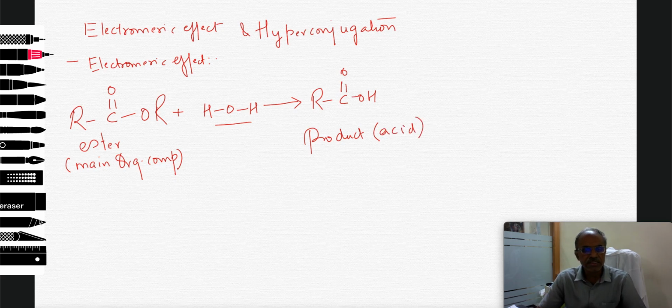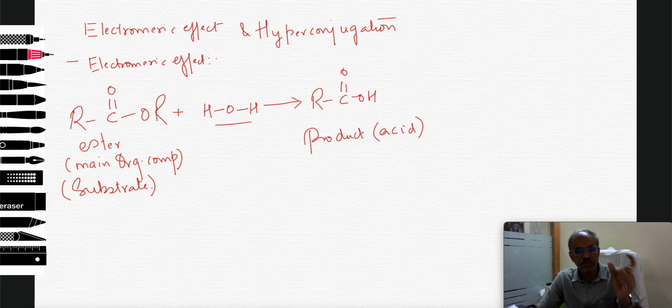These main organic compounds are known as substrate. Henceforth, whenever I say substrate, it means the main organic compound that undergoes a chemical change.